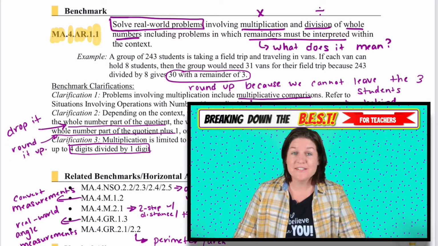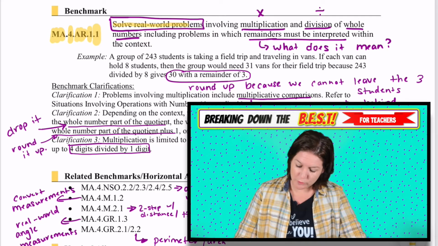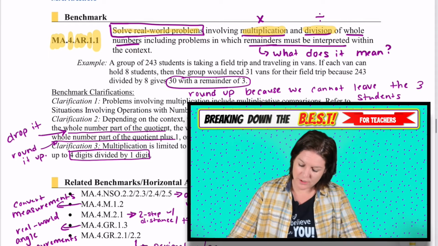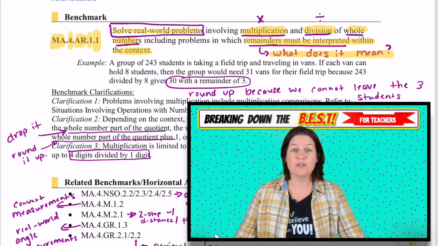The standard says to solve real-world problems involving multiplication and division of whole numbers, including problems in which remainders must be interpreted within the context. Meaning, what does the remainder mean?